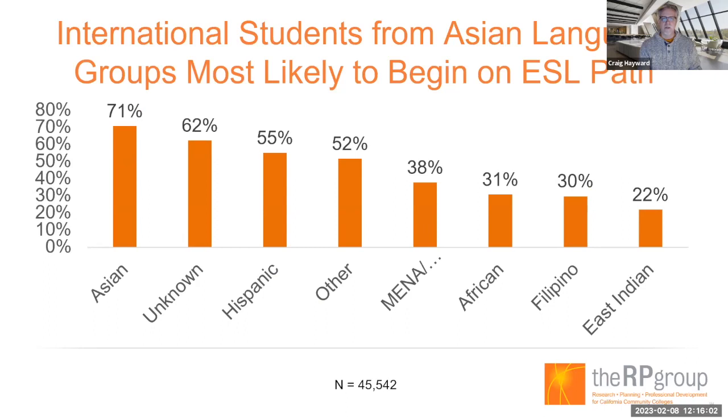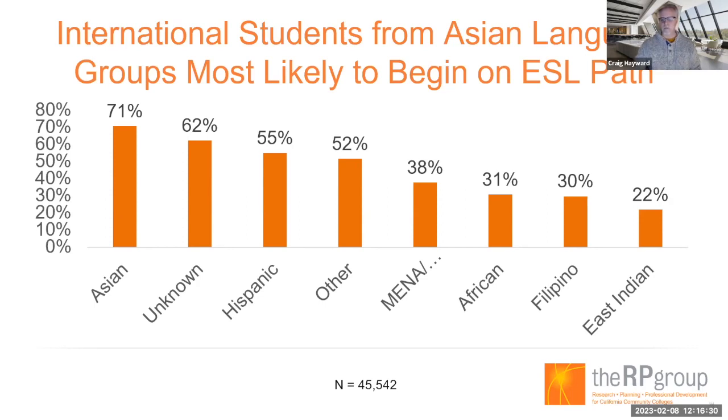International students from the Asian language groups are the ones that are most likely to begin on the ESL path. Here what you're seeing is the proportion of students by their country of origin or linguistic background, and the proportion of those that enter the ESL path, and the flip of that would be the percentage that enter the English pathway.